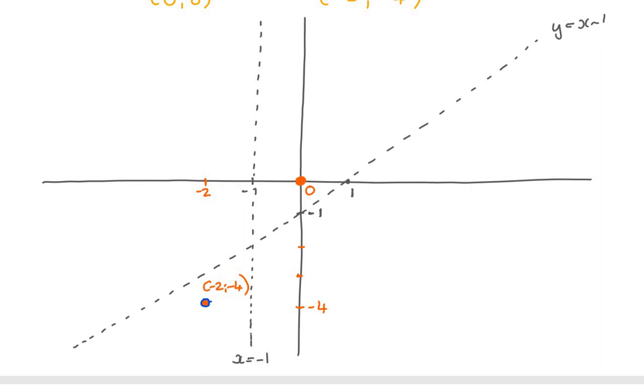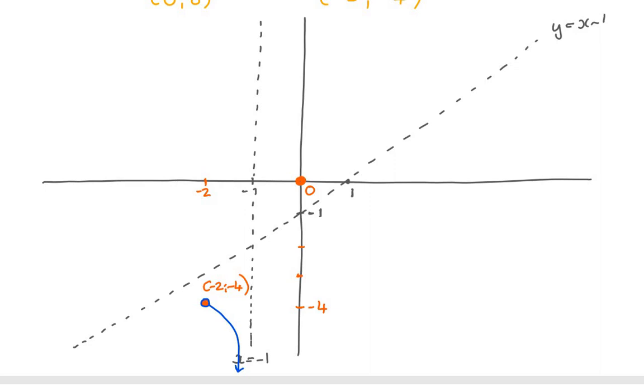So if it's a minimum and I tend towards the asymptote like that, immediately that's not possible. Why? Because your graph is not allowed to cut the oblique asymptote. So it can't tend towards the vertical asymptote like that, and I'm forced to tend to the vertical asymptote like that.